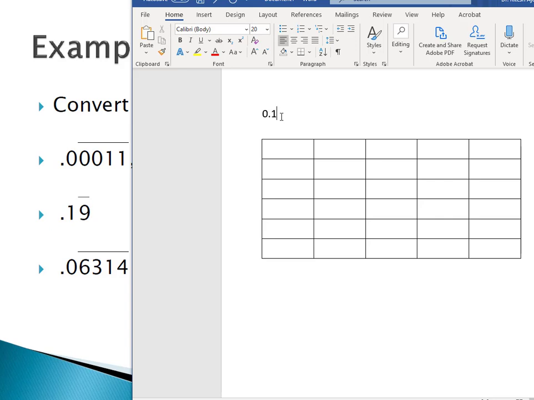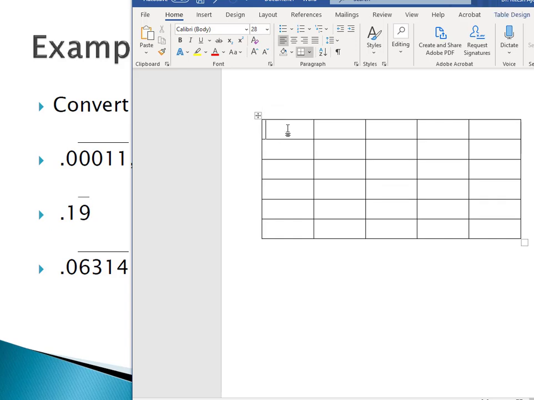So the first thing you do is put this number as a base 10 value in our table, 0.1. You multiply it by 2 because we're going to base 2, and then you get 0.2, which is the number we get from multiplying this decimal number by 2.